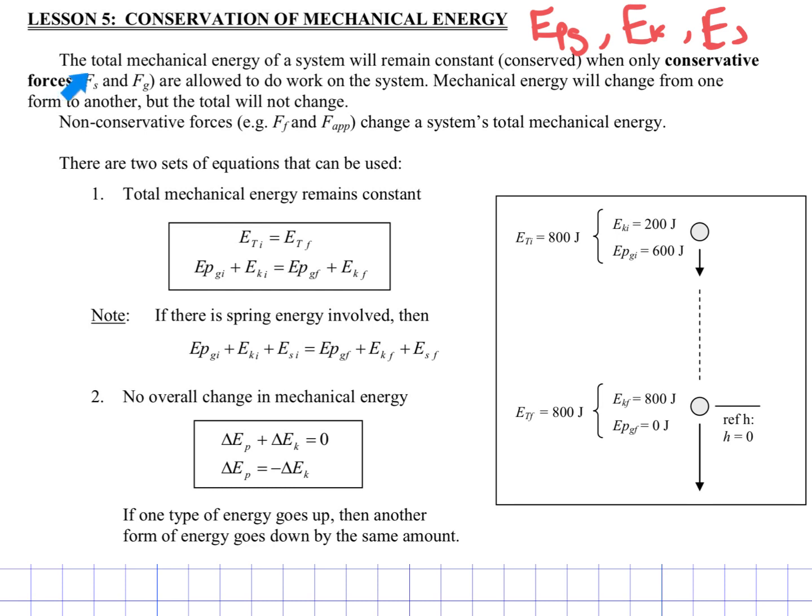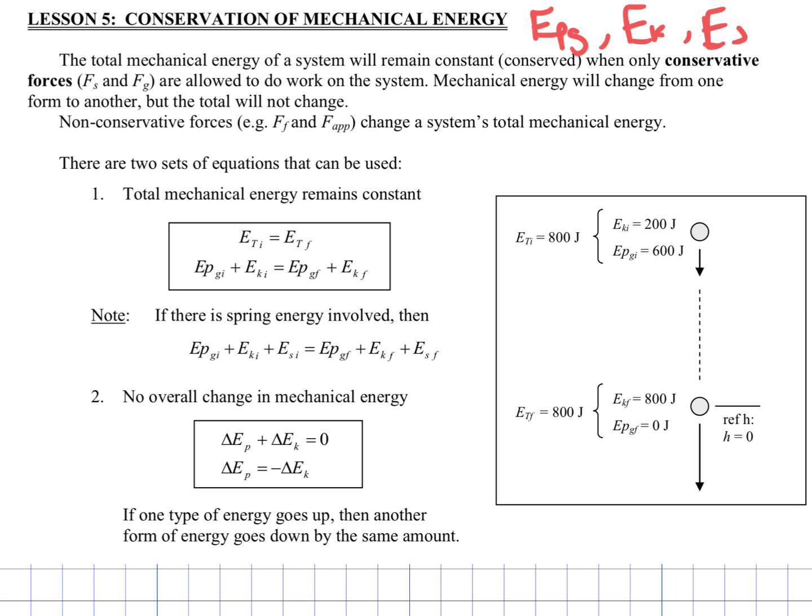And we're going to talk about some of the nuances here just before we get into some examples. But basically, this is our bookkeeping. This is our money in, money out, keep track of the numbers kind of idea. We're saying that the total mechanical energy of a system, in other words, the total amount of gravitational potential, kinetic, and spring energy, must remain constant.